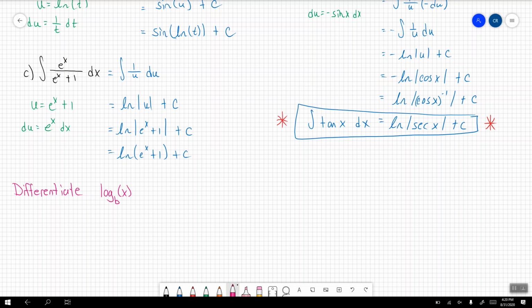So here, when I take the derivative with respect to x of log base b of x, well, the function logarithm base b of x actually turns into natural log of x divided by natural log of b. And that's exactly what I want to use here.